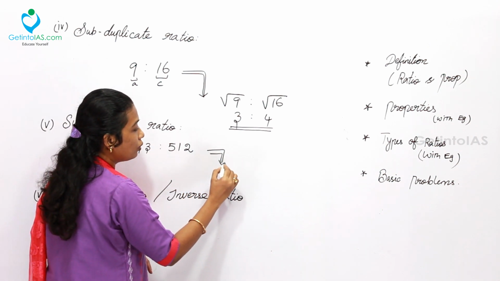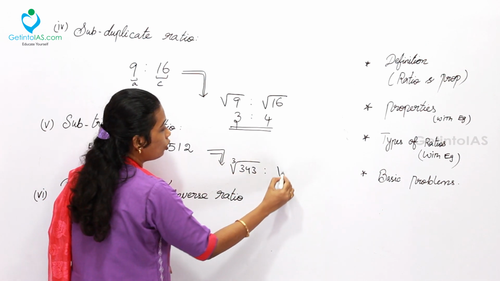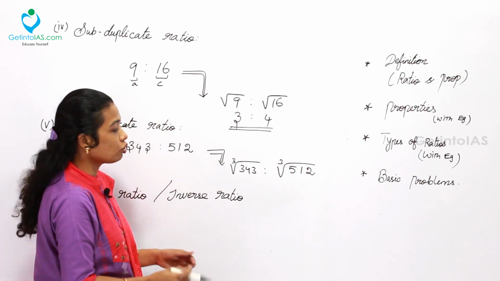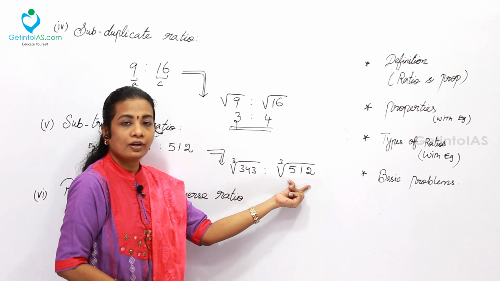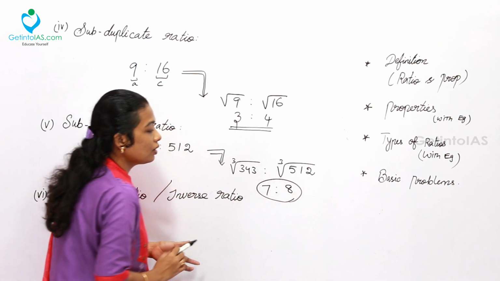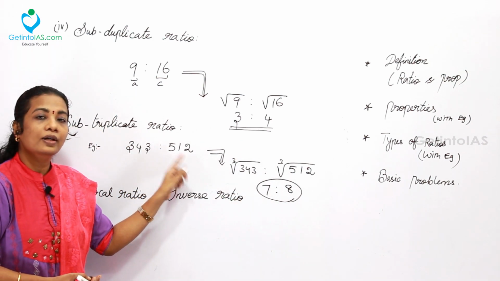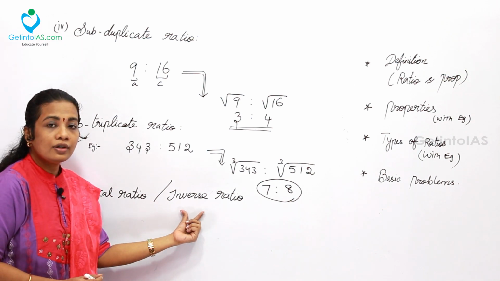Finally, you want to take the cube root of 343 is to cube root of 512. Everyone knows that 7 cube is 343 and 8 cube is 512. So 7:8 is the subtriplicate ratio of 343:512.